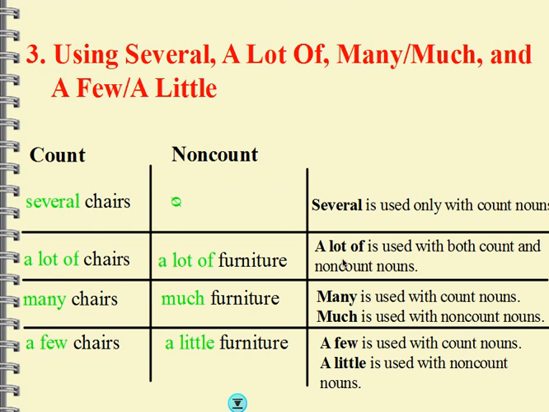A lot of is used with both count and non-count nouns. Many chairs, much furniture. What we notice is that many is used with count nouns and much is used with non-count nouns. A few chairs, a little furniture. A few is used with count nouns, a little is used with non-count nouns.